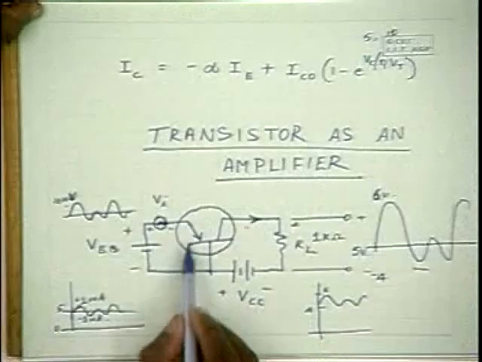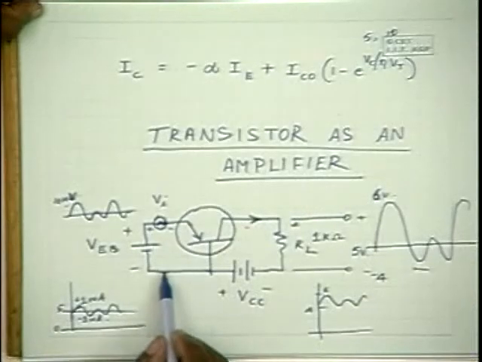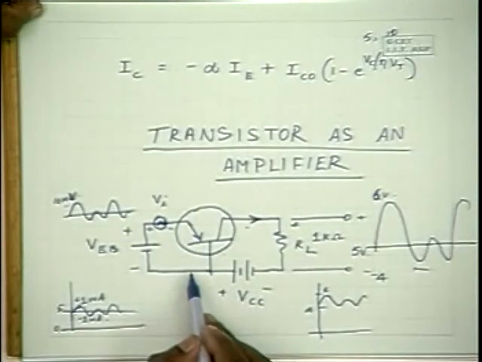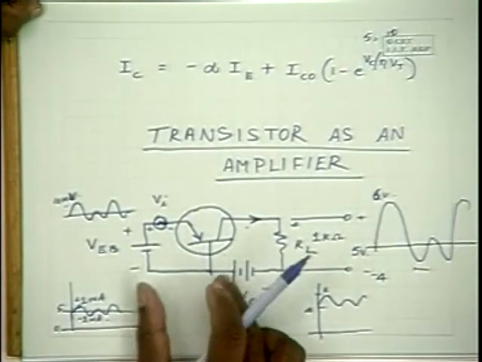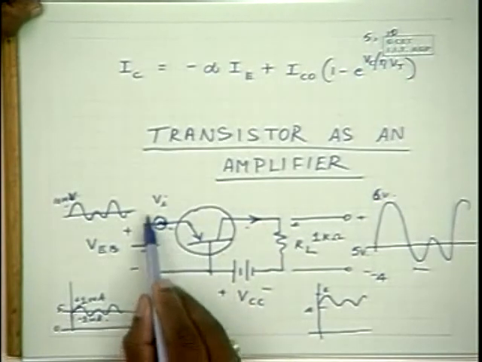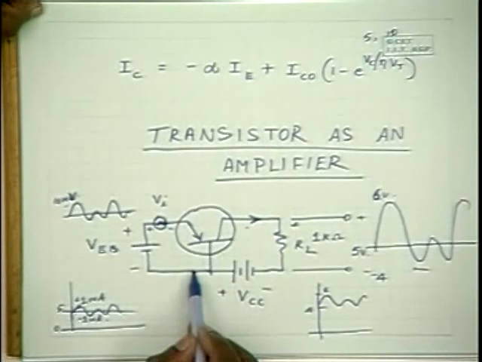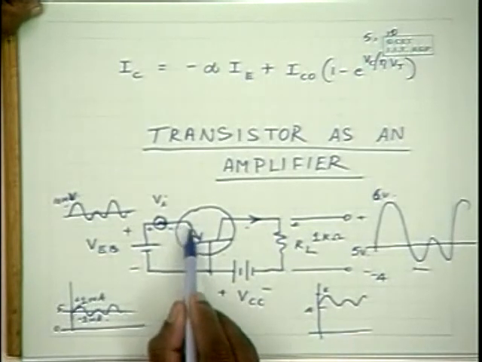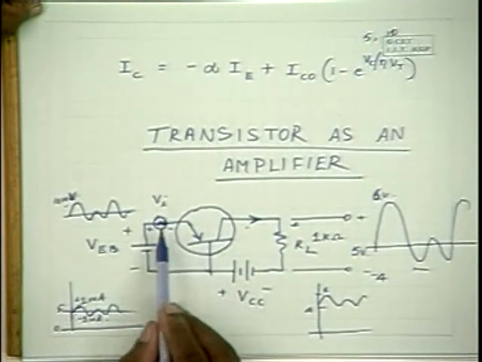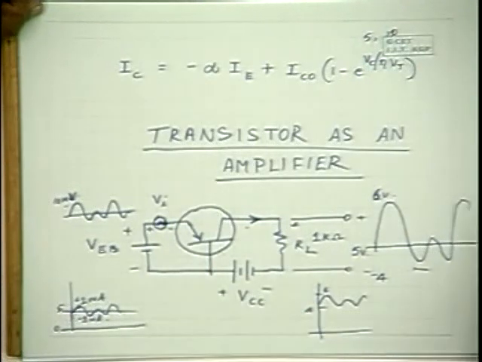On this side, if you have a large resistance, and this current drops across it, here also you will get a large amount of voltage. But with a large resistance connected here, most of this potential drops across this resistance and a very small amount only gets dropped across the forward junction, and hence you will not get that current amplification.